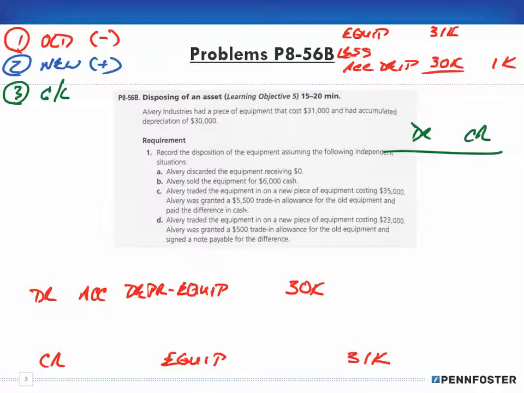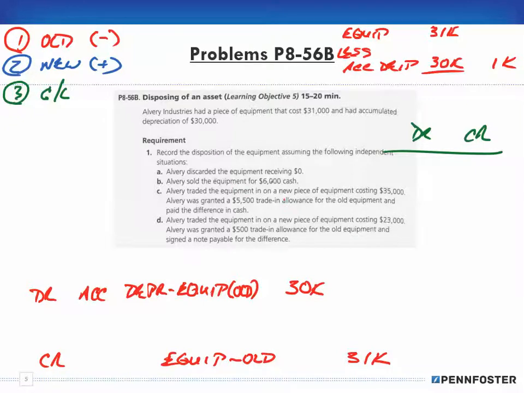Avery was granted a $5,500 trade-in allowance for the old equipment and paid the difference in cash. Okay, so one, we're going to take the equipment off of the books. So this is equipment old, and this is old.